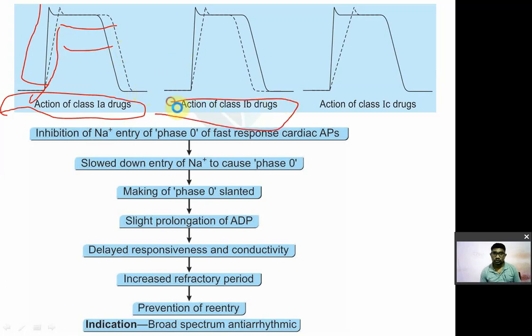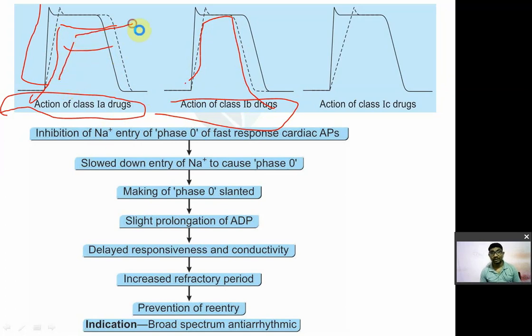Now class 1B also decreases the slope of phase 0 depolarization, but they decrease the action potential duration. These class 1A ones decrease the slope but increase the action potential duration. What do class 1B do? They decrease the slope and decrease the action potential duration.